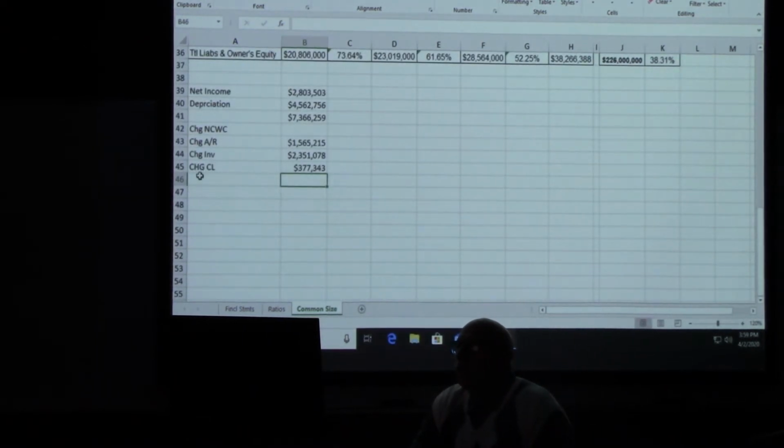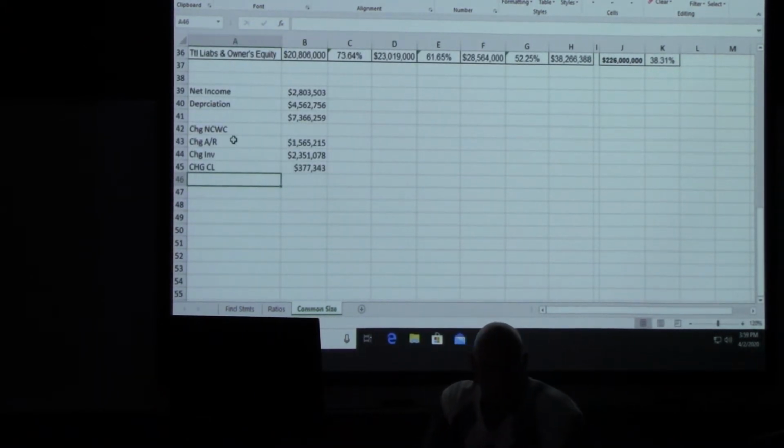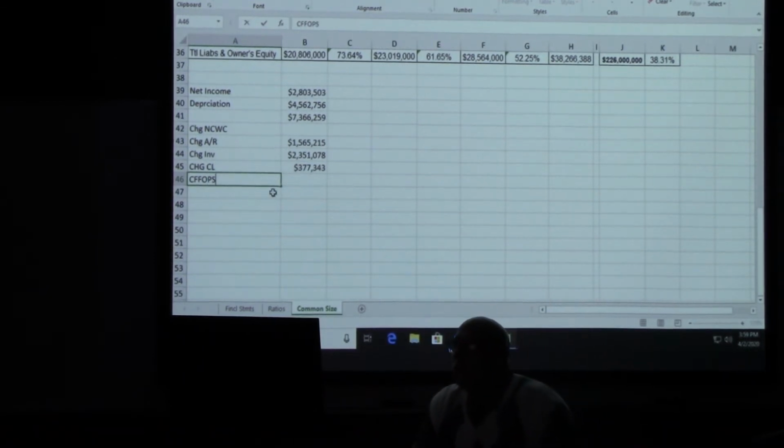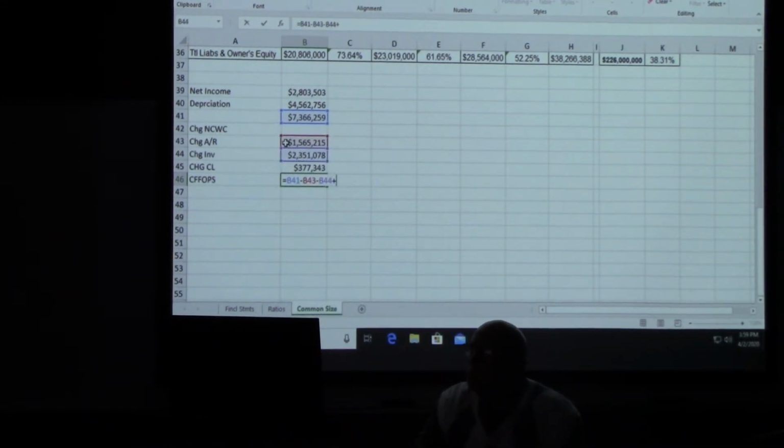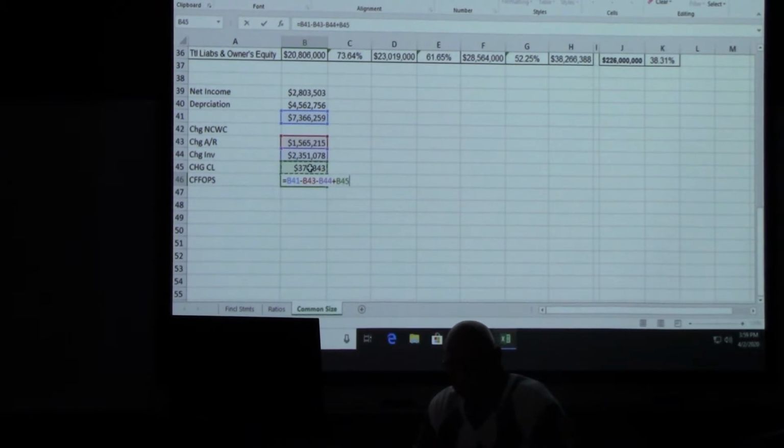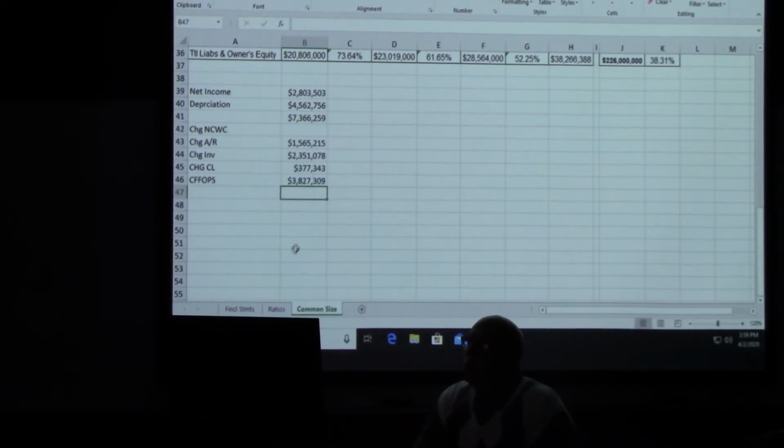All right. And so cash flow from operations is equal to that minus that minus this plus this. Boom. So we're going to generate $3.8 million there.